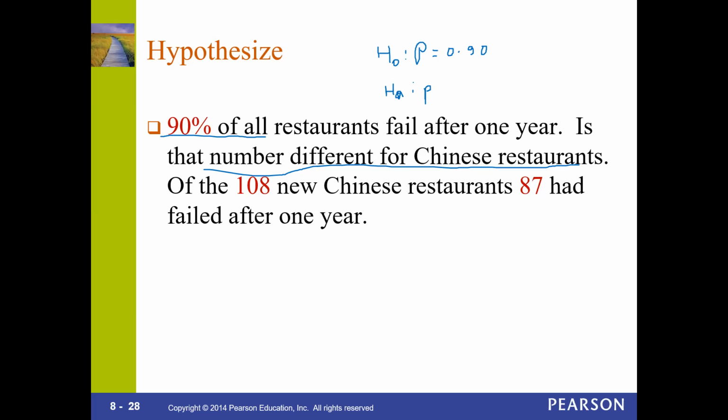You can use greater than somehow, but because it's different, you had better use this one. It's gonna be not equal to 0.90 because it's different. In that case, this becomes a two-tail test.